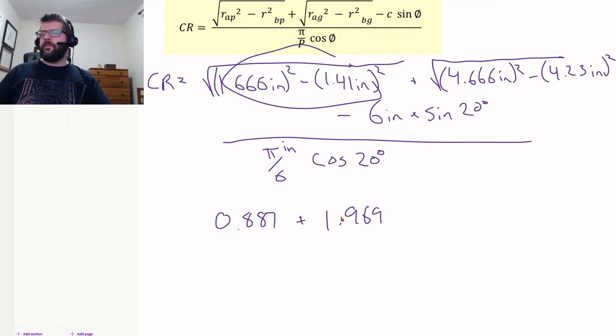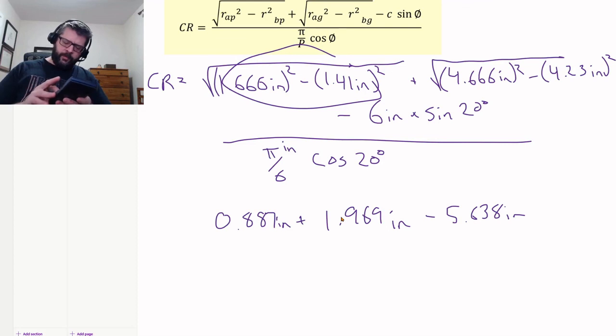Oh, inches. These are both in inches. Minus 6 times the cosine of 20 degrees. 6 cos 20 gives us 5.638 inches. And then on the bottom we have 3.14159 divided by 6 times cosine of 20.